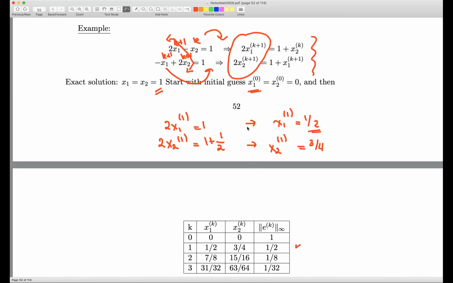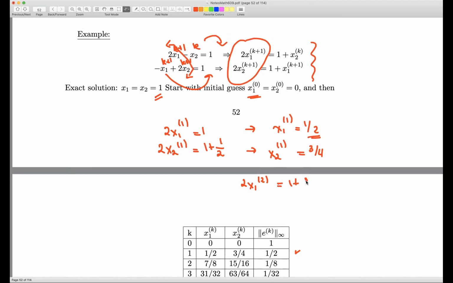Now, if we do the next iteration, we will have 2x1,2, when k is equal to 1, equal to 1 plus x2,1. x2,1 is 3/4, it is right here, and therefore we have that x1,2 will be equal to 7/4 divided by 2, which is 7/8.